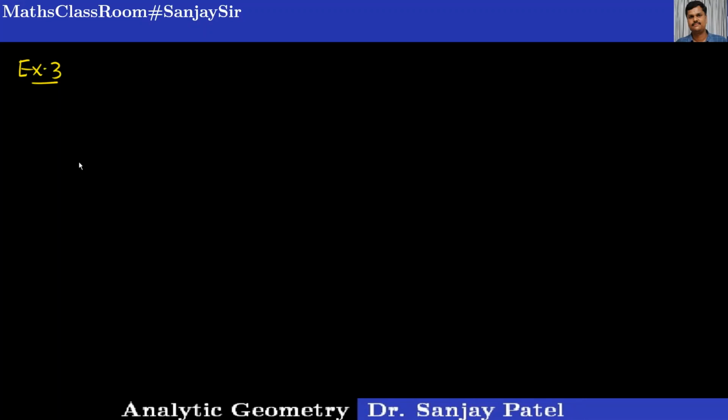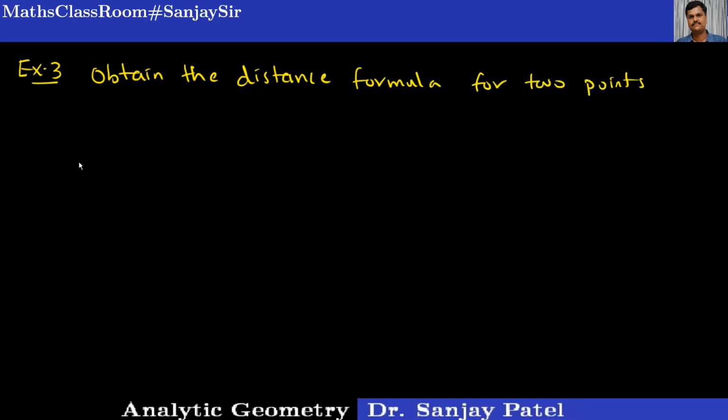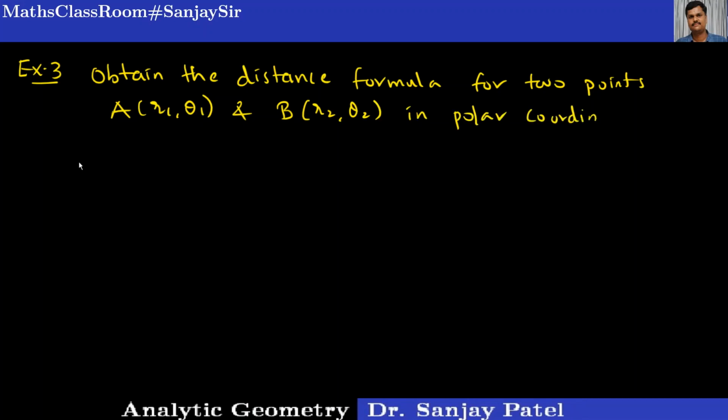So I am writing like this: obtain the distance formula for any 2 points, A (r1, theta 1) and B (r2, theta 2), in the polar coordinate system. Okay. So this is also a very simple thing.